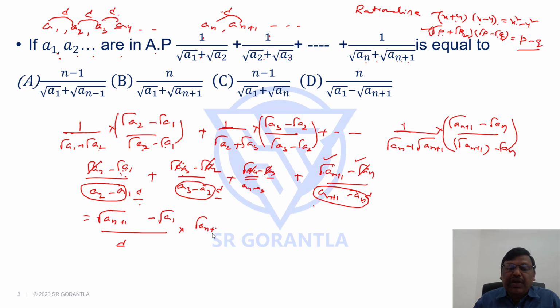Again, if I try to rationalize this by multiplying root an plus 1 plus root a1 by root an plus 1 plus root a1, it will be an plus 1 minus a1 by d into root an plus 1 plus root a1.